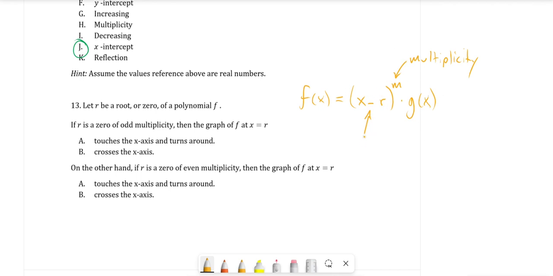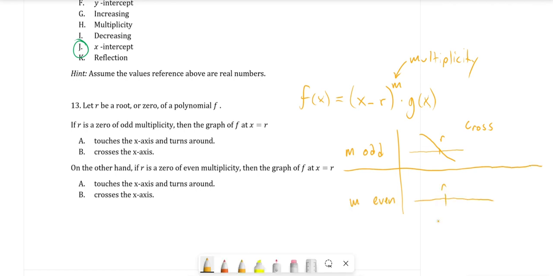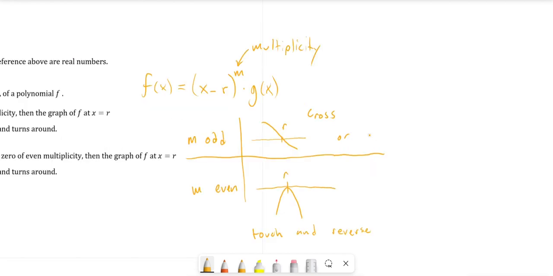This particular x-intercept will either cross the x-axis, or if m is even, it will come up to r and then seem to bounce off. It will touch and turn around. Now, I'd just like to mention, we don't actually know whether it will cross one way or the other. We only know that it will cross if the multiplicity is odd.